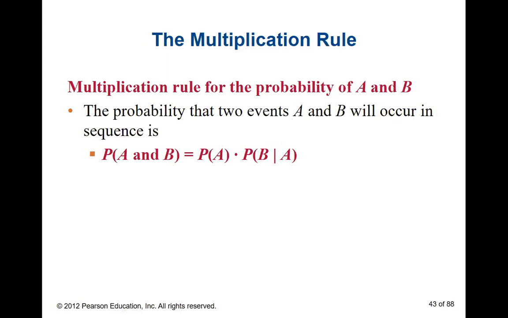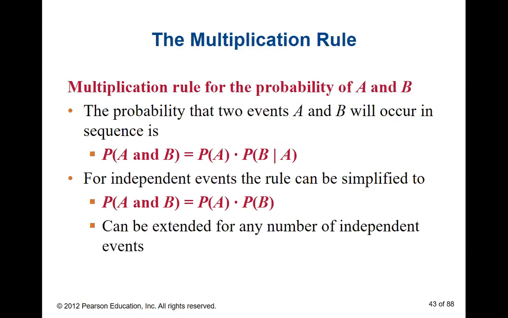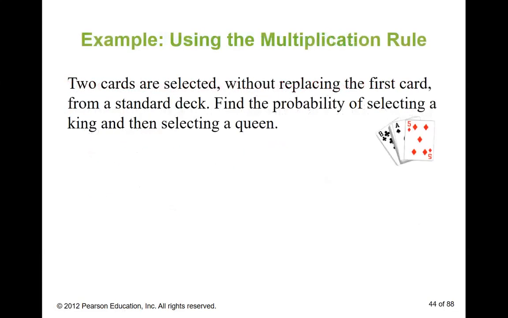Okay? Now, if they're dependent, then I've got to be really careful because this is not the same thing as the probability of B. Okay? What if they're independent though? Then it's just the probability of A times the probability of B. Does that make sense? Because as long as they're independent, it didn't matter what happened on the first thing. It's still going to be the same probability for the second event. Okay? It didn't change. And I can do it for multiple things that I'm trying to choose.